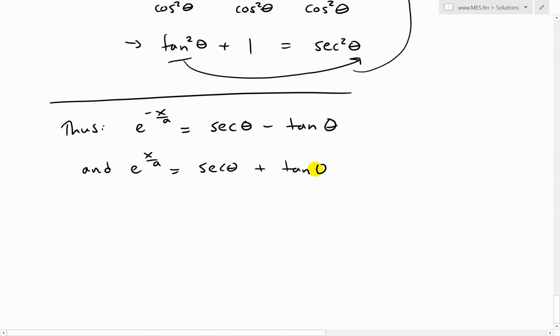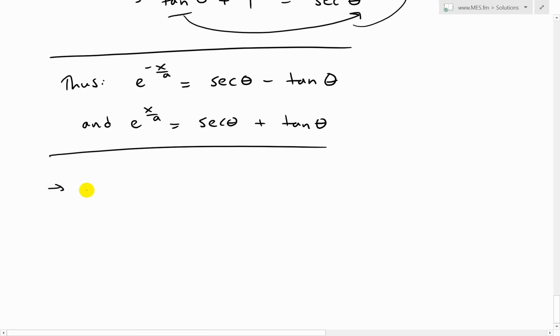So now notice what we have right here. If we add these up, if we add e to the x over a plus e to the negative x over a, now we can cancel these tan theta. So we have secant theta plus tan theta, and then plus secant theta minus tan theta.